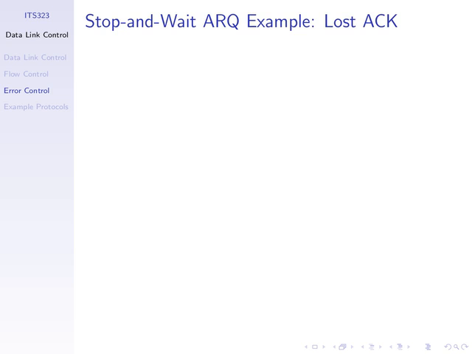If we process that data, and if we did this, we'd have an error or a problem. If we delivered the same data to the higher layer at B twice, then B has received that data twice, which is not intended. It was sent just once, it should be received just once.